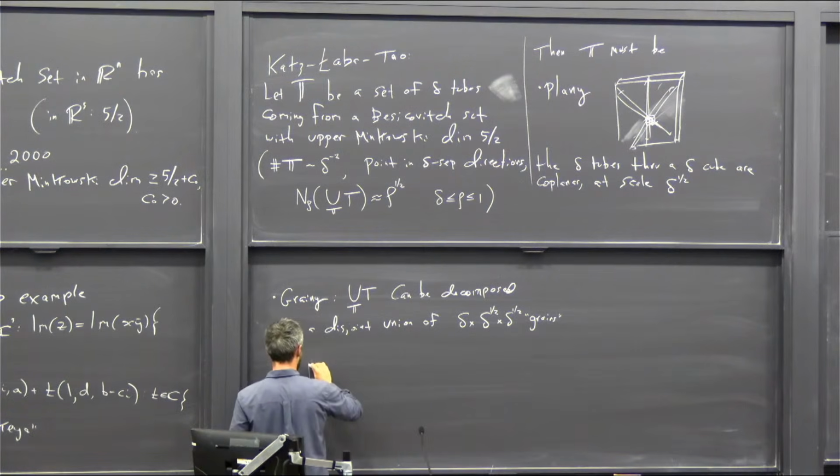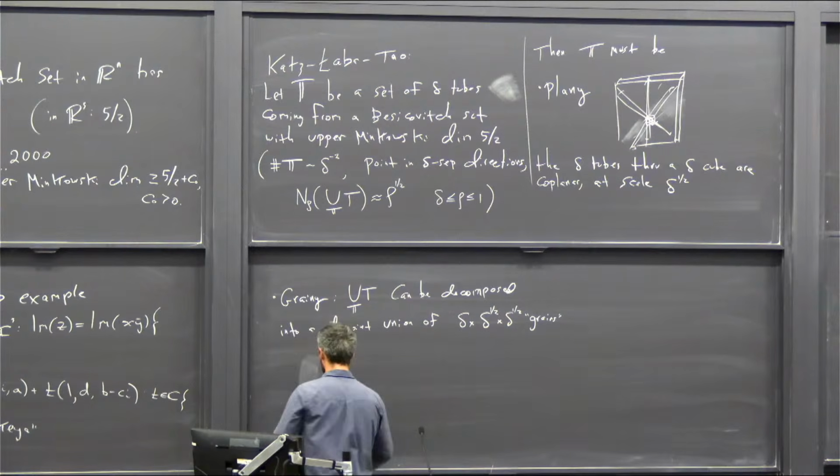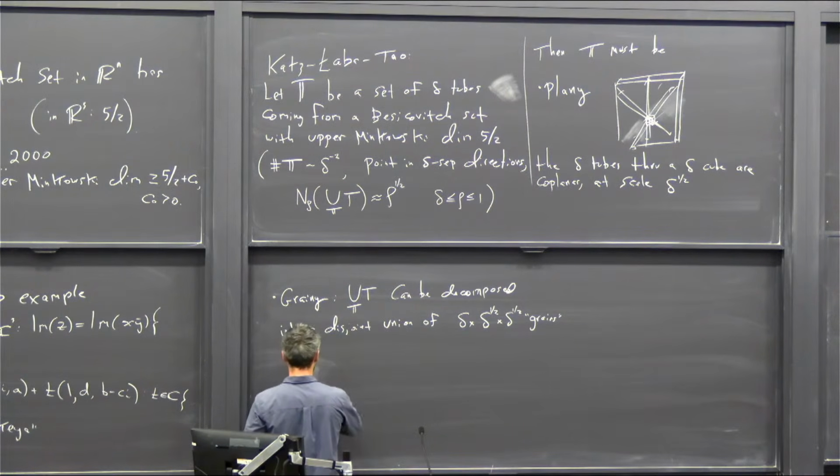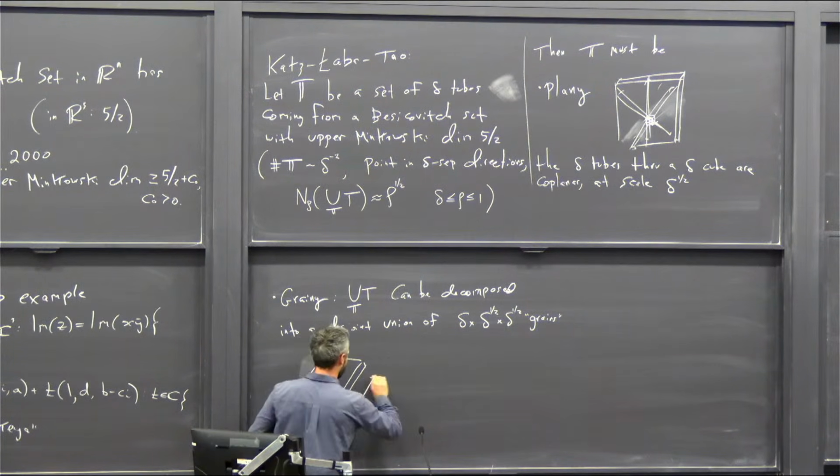So let me perhaps attempt to do some 3D perspective. So this is a rectangular box. It has thickness delta in this direction, and thickness root delta in this direction, and root delta in this direction.